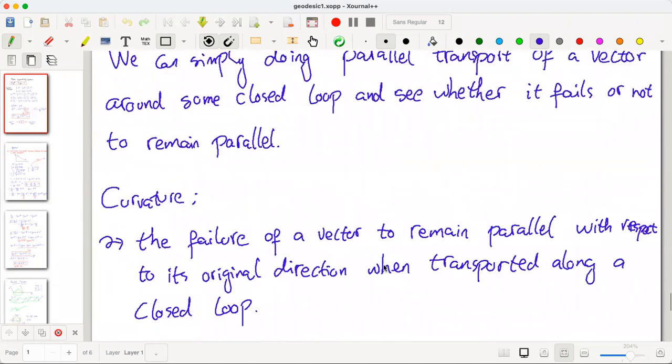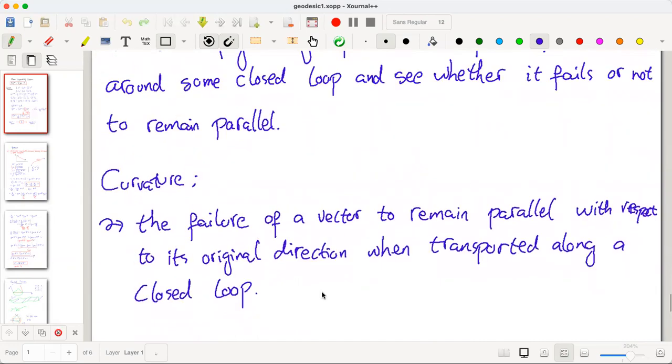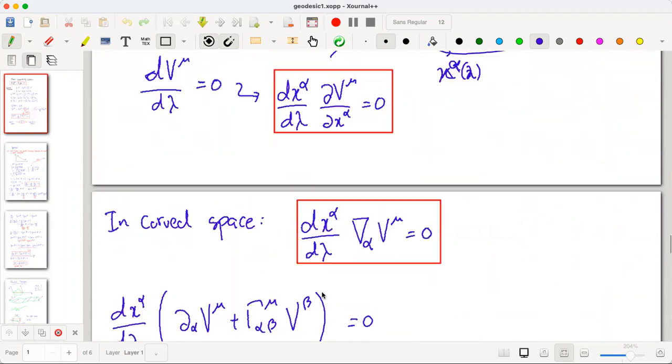We came to the conclusion of the definition of curvature, that is the failure of a vector to remain parallel with respect to its original direction when transported along a closed loop.